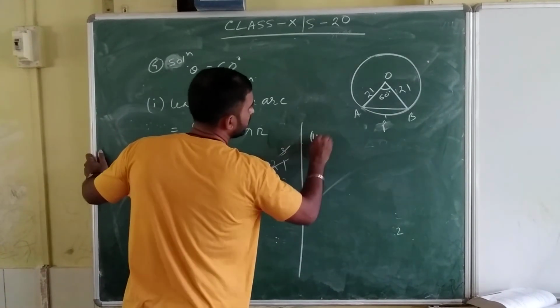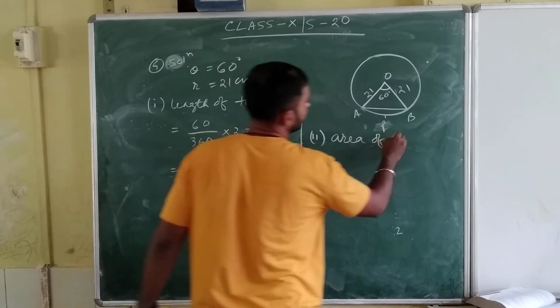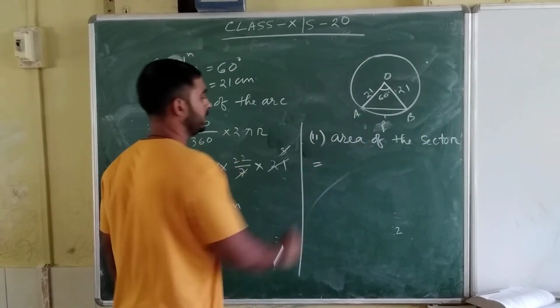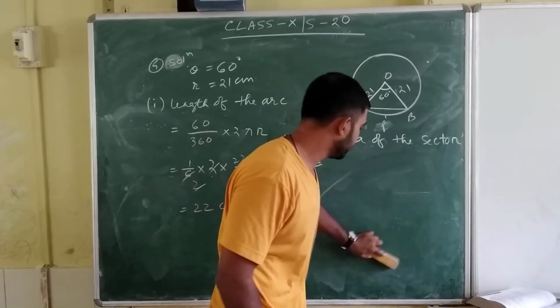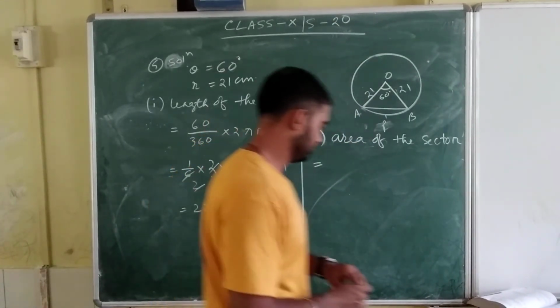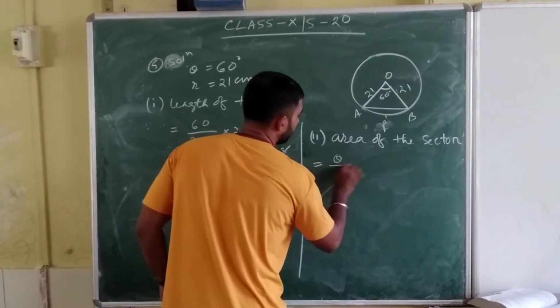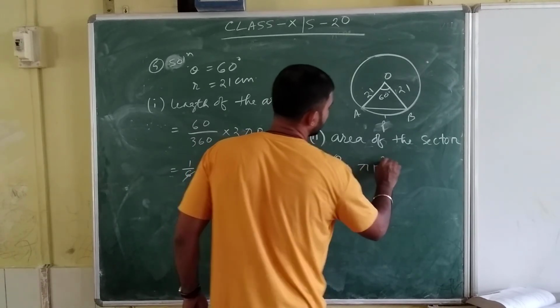Now number 2 is to find the area of the sector. Area of the sector equals theta by 360 pi r square.